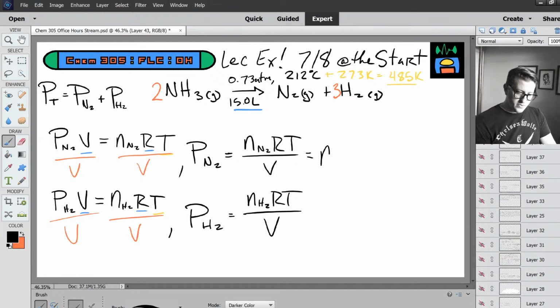I'm going to move the moles outside of a parentheses, and you'll see why in a minute. I'm going to do this for both expressions, for moles of N2 and moles of H2.